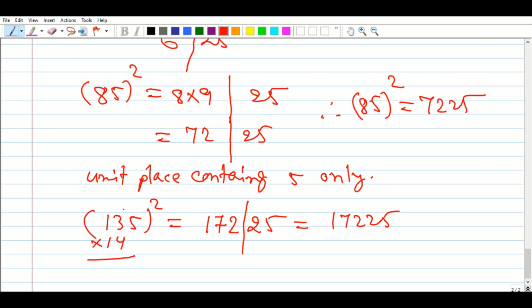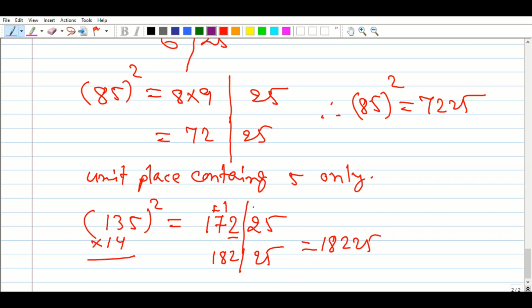Sir, 4 3s are 12, here 12. 12, we have written 2, so plus 1. So we get 182, and here is 25. That here it would be, it is wrong. We did not add the 1. So we can write here 18225.